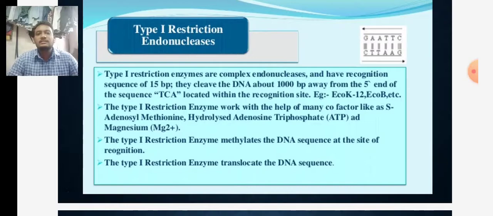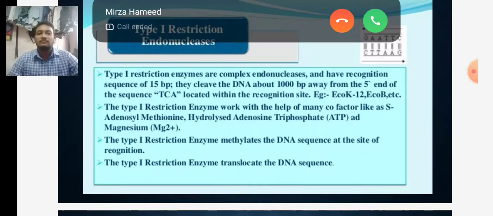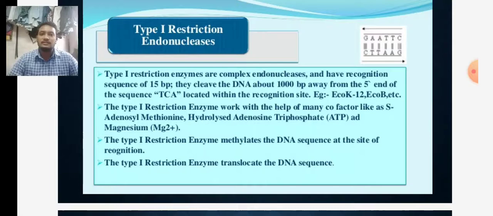Type I restriction endonucleases. We have already discussed that there are three main types of restriction endonucleases. So firstly we are studying the first type. Type I restriction enzyme is a complex endonuclease with a recognition sequence of 15 base pairs.